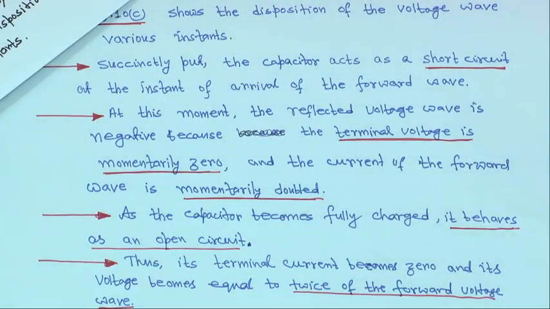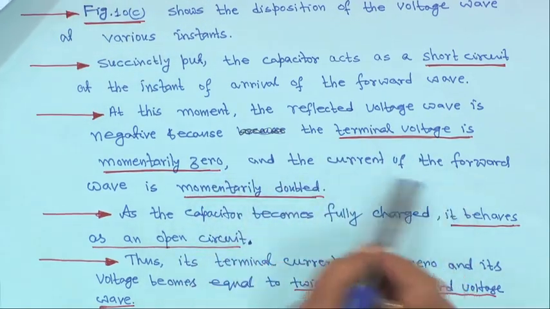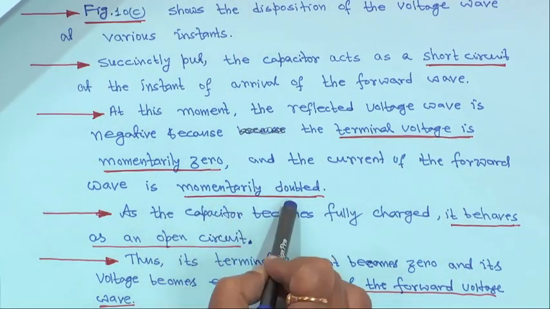So the terminal voltage is momentarily 0, and the current of the forward wave is momentarily doubled.